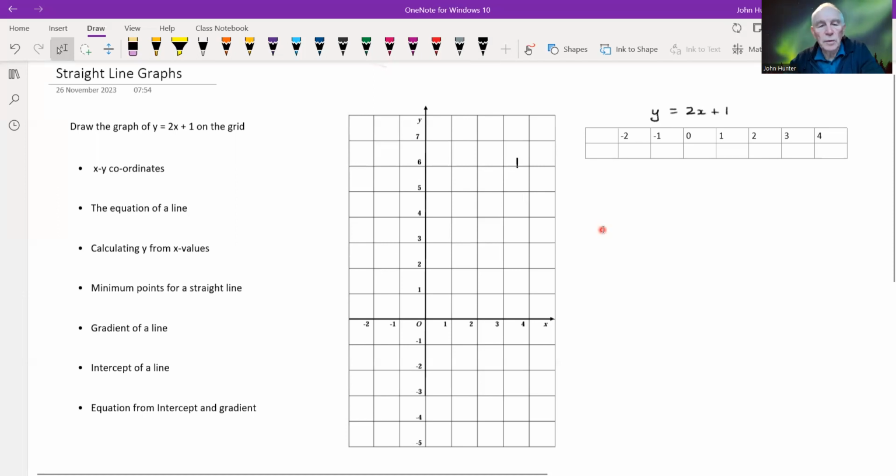Right, so what do we mean by the equation of a line? Well, let's look specifically at this one, y equals 2x plus 1. This equation defines a line.